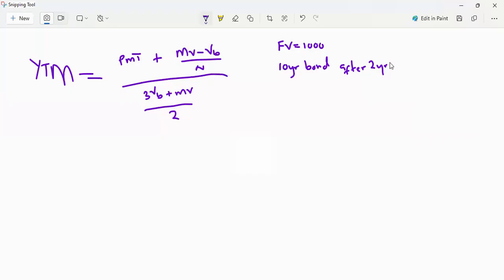N minus 2, so our n will be 10 minus 2, which is equal to 8. And we're told that it has a 10% coupon interest, so our coupon interest is 10%.